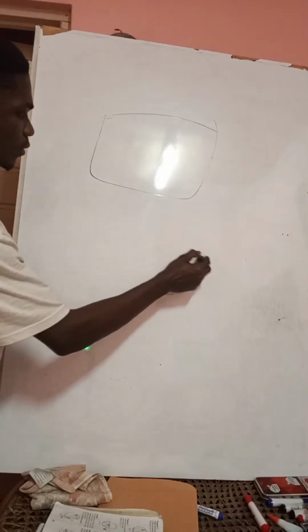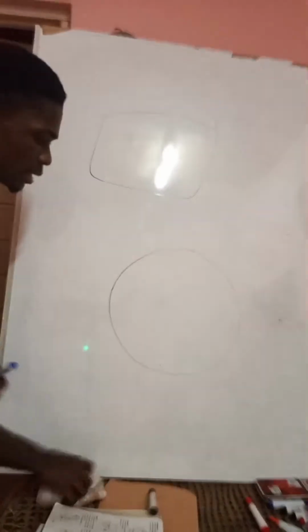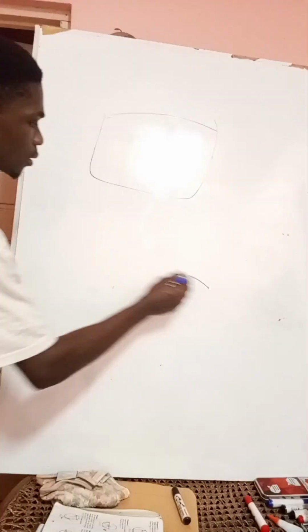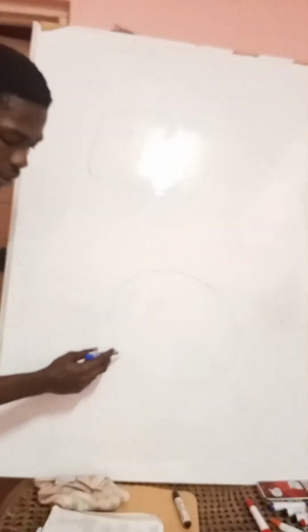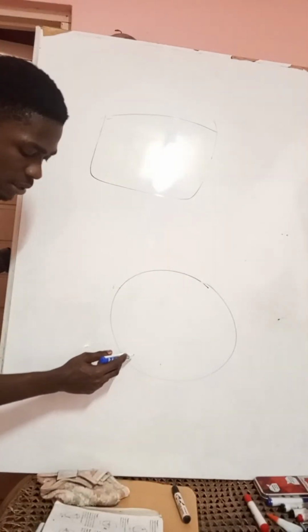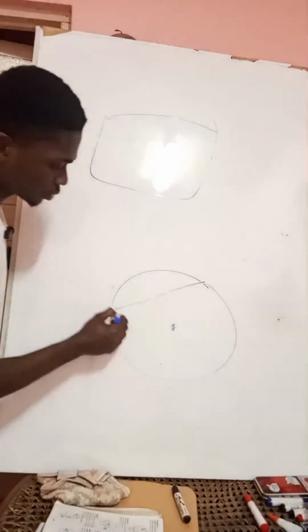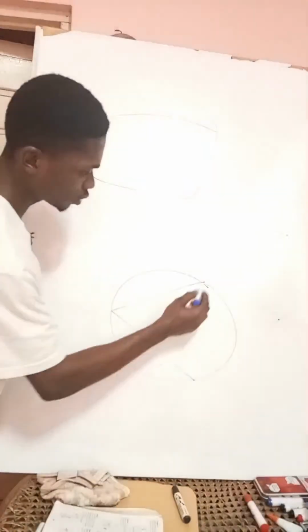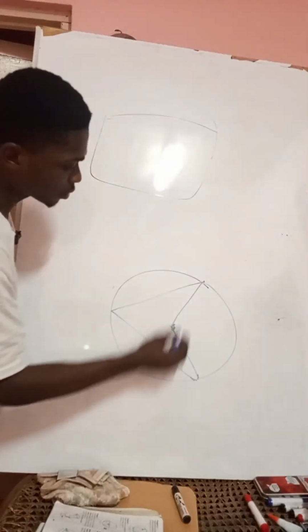So with this question, for instance, you have the center, and here is a triangle and here is also a triangle.